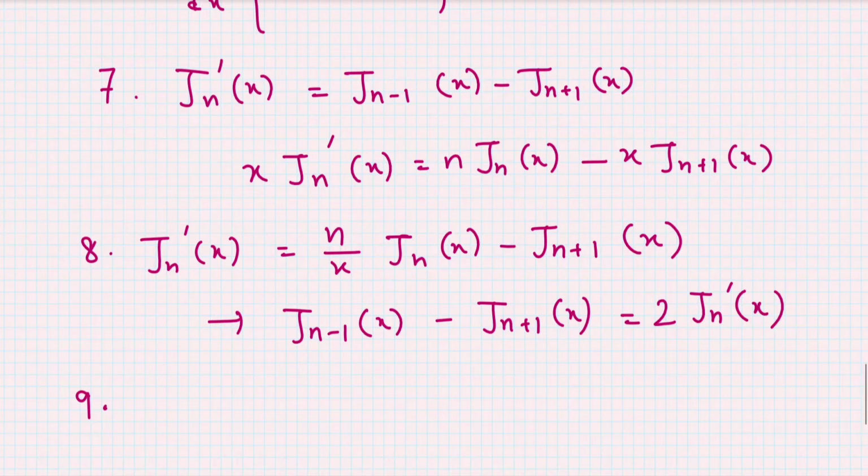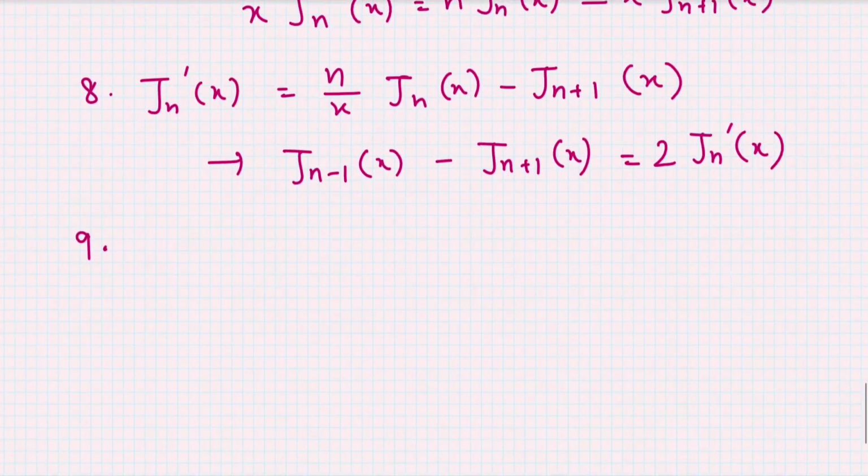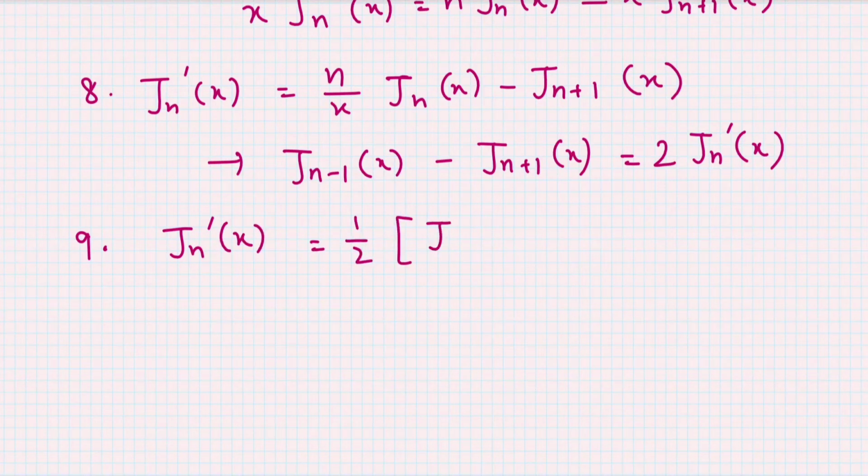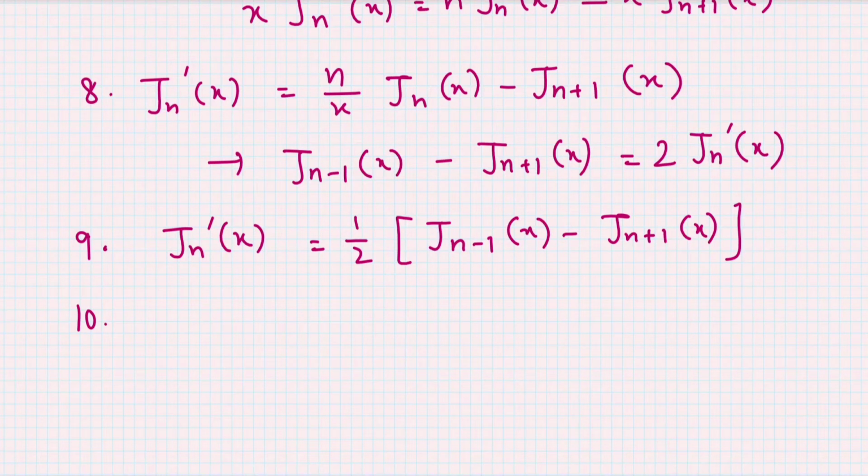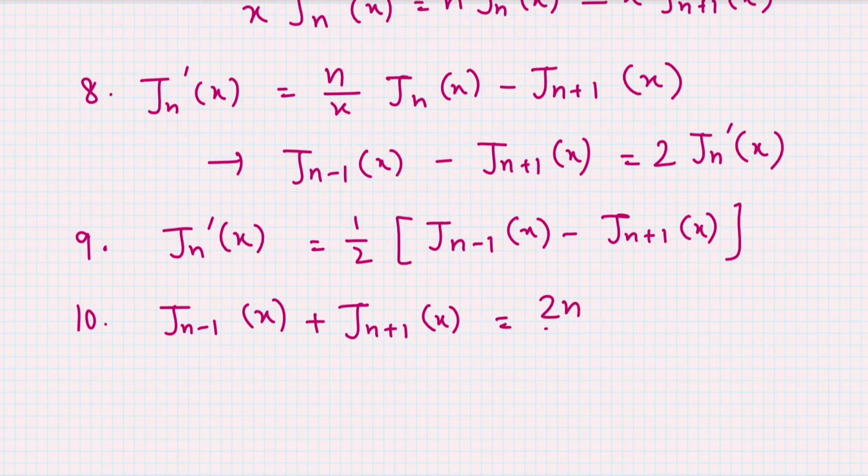Number 9 is J n dashed x, this is equal to half into J n minus 1 x minus J n plus 1 x. This relation number 10, you can write J n minus 1 x plus J n plus 1 x is equal to 2n by x J n x.